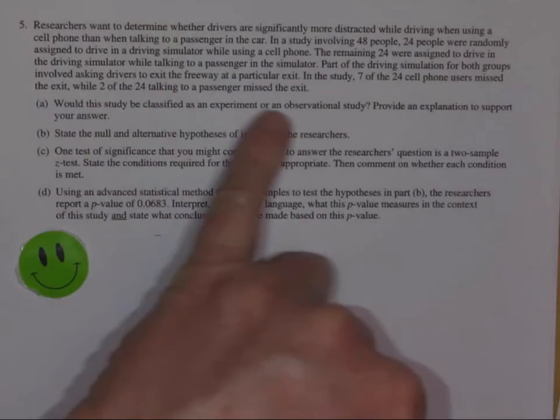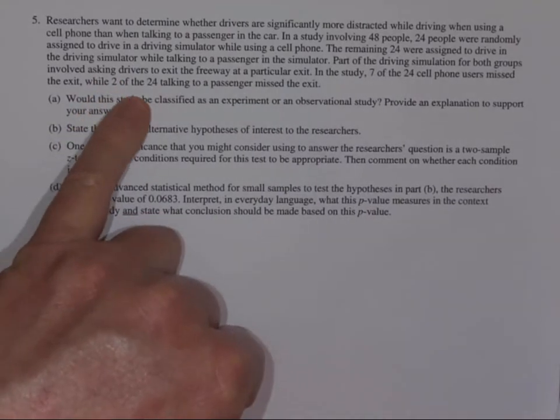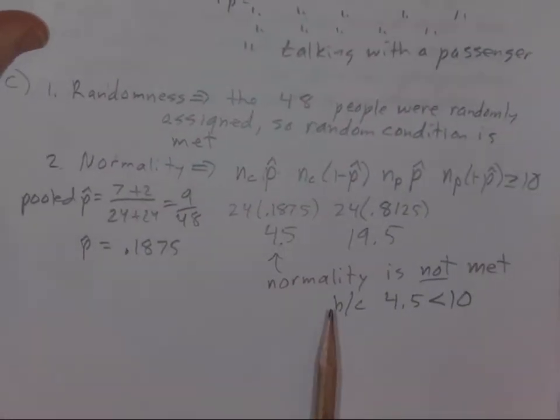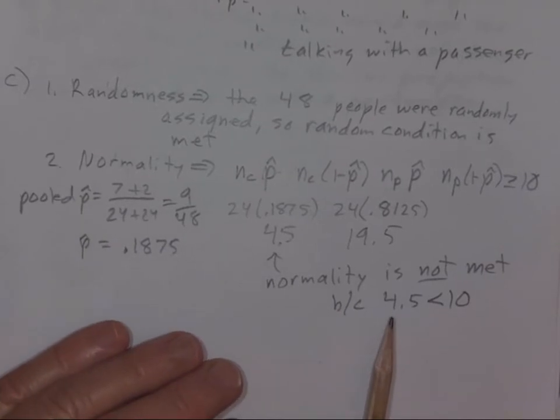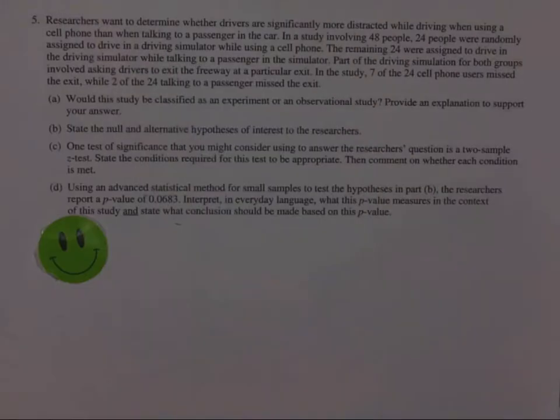You could have just used 7 and 17 and 2 and 22. The key thing is normality is not met because one of those numbers is less than 10, and actually two of them are. So normality is not met in this case, and that is, in essence, your conditions in this one.